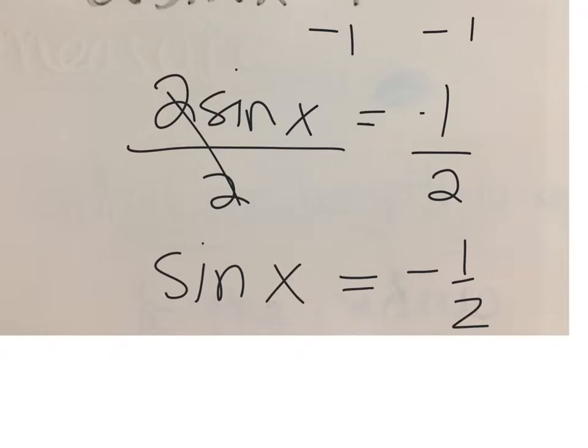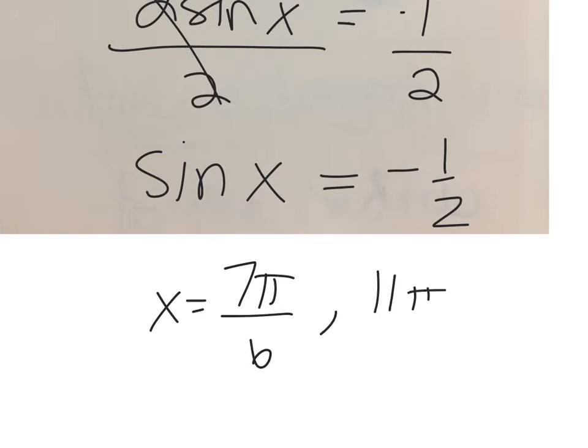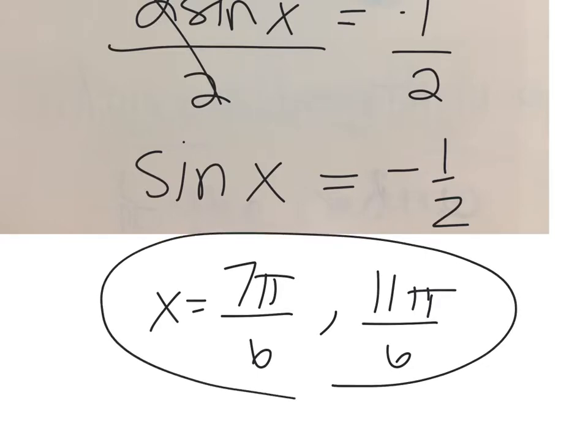If we go back to our chart, there would be the 2 spots at 7 pi over 6 and at 11 pi over 6. Those are the 2 places on your unit circle, between 0 and 2 pi, mind you, where the sine of x is 1/2.